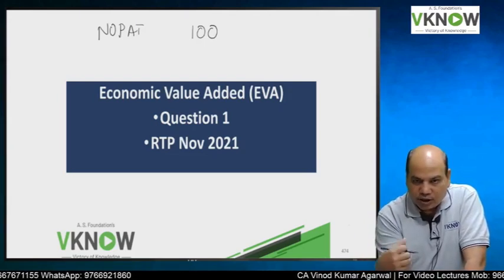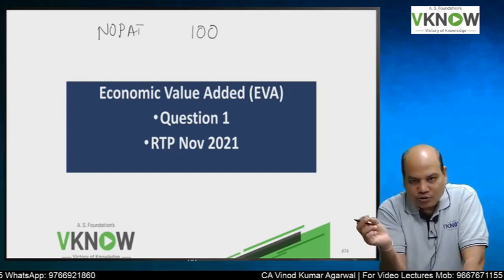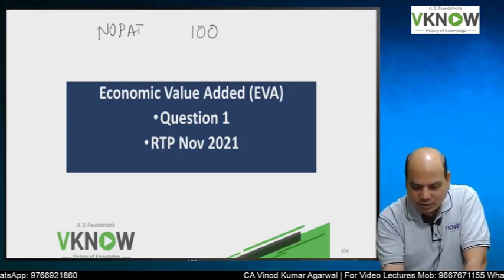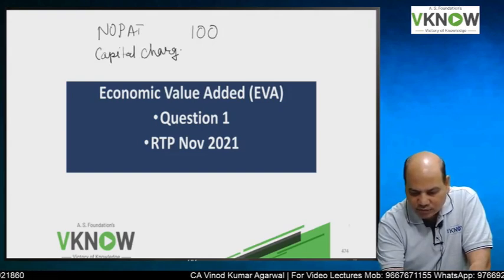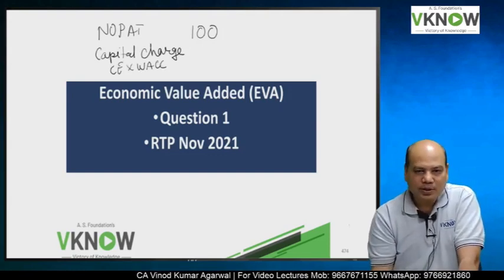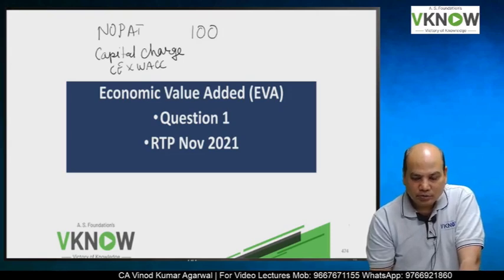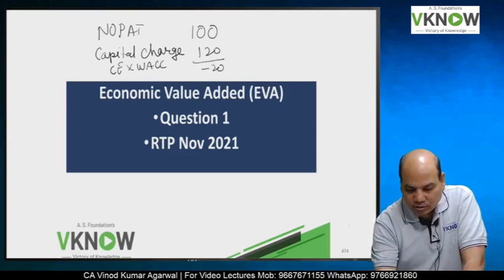We are applying capital in the business. There is an opportunity cost of using capital in the business. So I will also calculate what is called capital charge, which is capital employed into weighted average cost of capital. Suppose this comes to 120. So the difference is EVA negative.